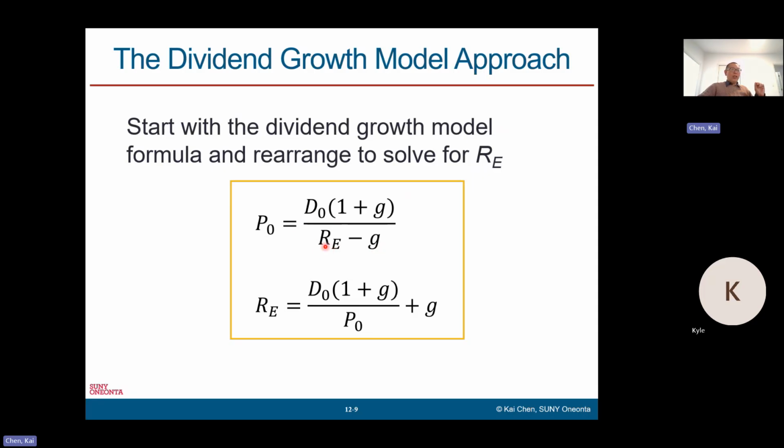We can rearrange this equation to solve for RE. Here is the formula to calculate RE: RE equals D0 times 1 plus G divided by P0, plus G. That is the cost of equity.